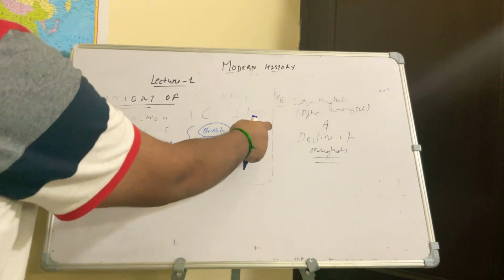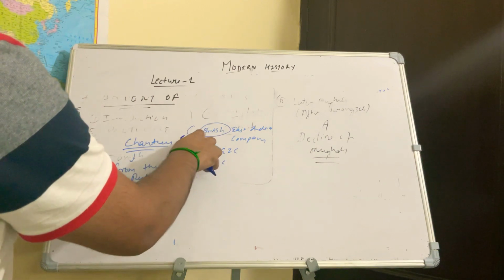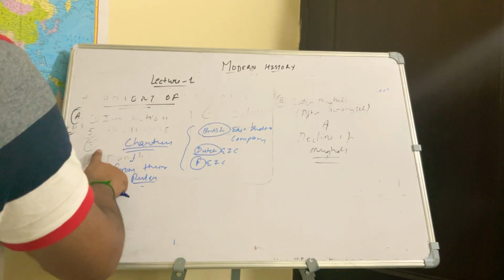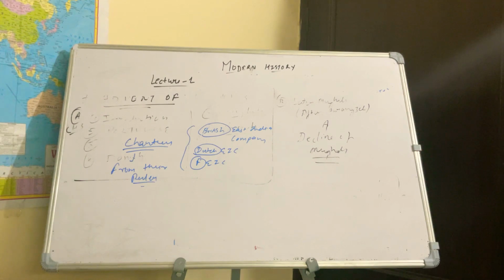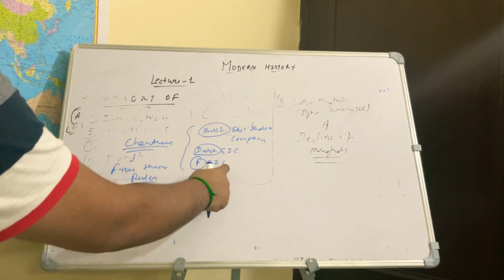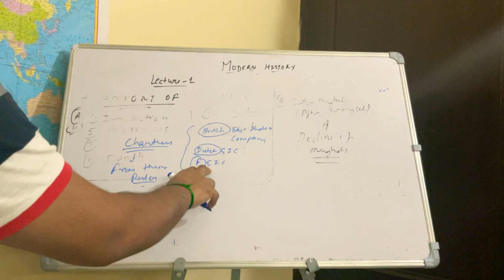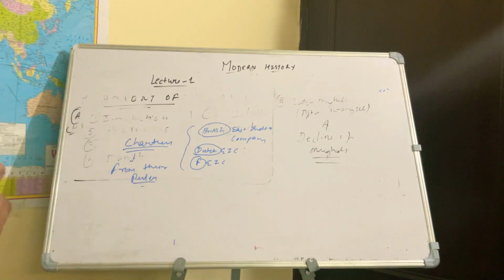So East India Company remains common, there's only a naming difference and the basic core functionality remains the same. Not only British but Dutch was also an East India Company when they arrived in India. Same goes for French, same goes for Danish.